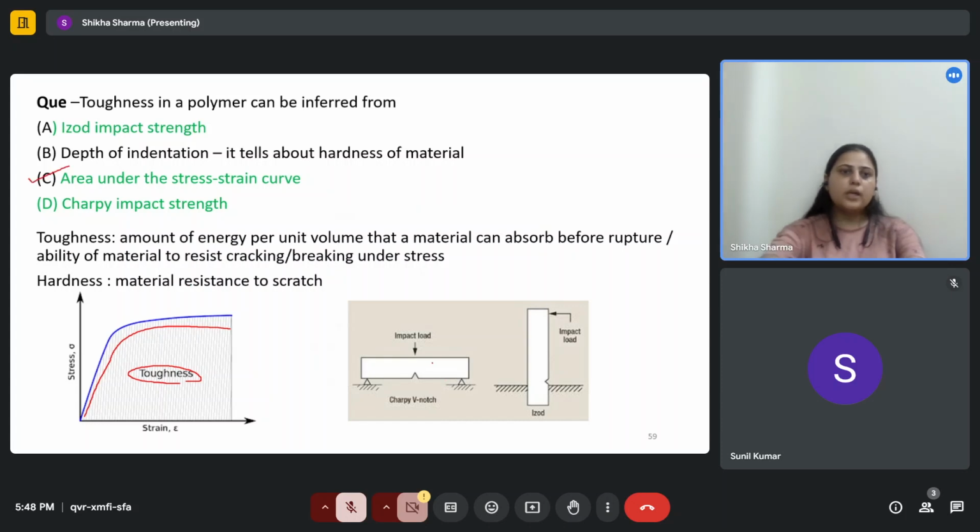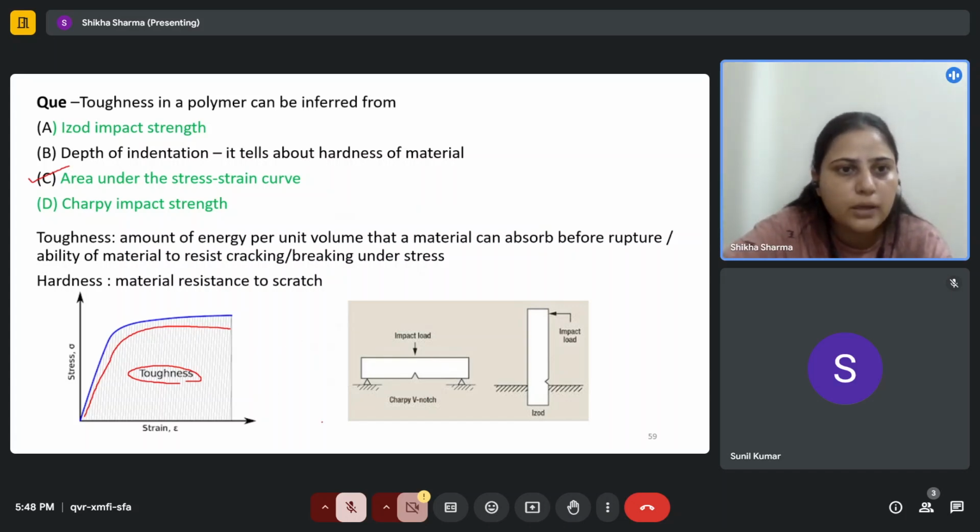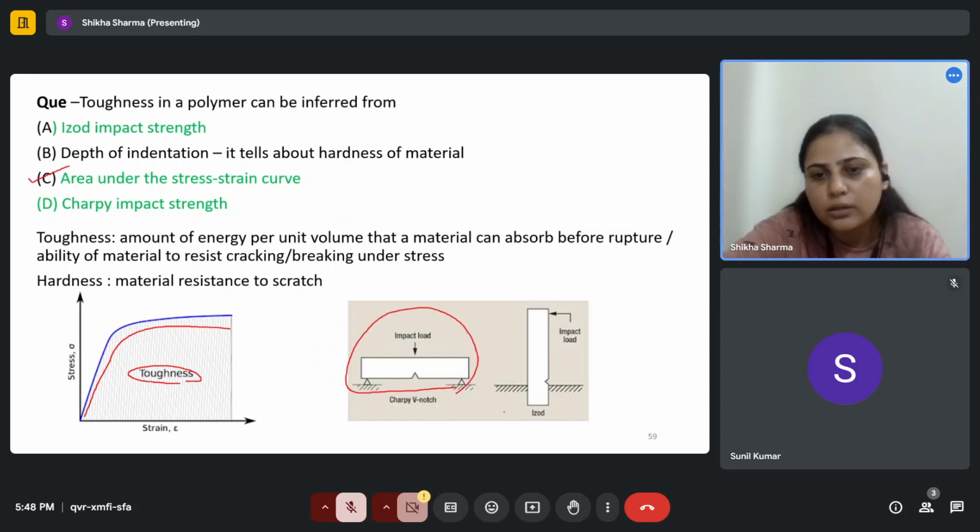Now, why are options A and D correct? Because Izod impact strength and Charpy impact strength are the methods from which we calculate the toughness in any material. These are the tests we run. So in the Charpy method, we apply the load in the middle where there is a V kind of notch.